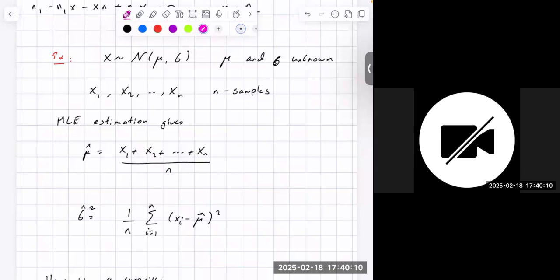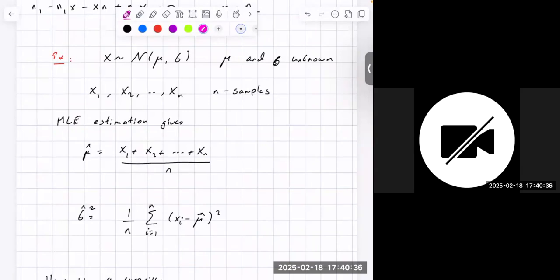How about your best bet for the variance? Well, take your best bet for the average, put it as the expectation in your variance formula, take the squared difference, sum it up, multiply by 1 over n. This is very natural, right? That will be your best bet for the variance of your data. Does it make sense?